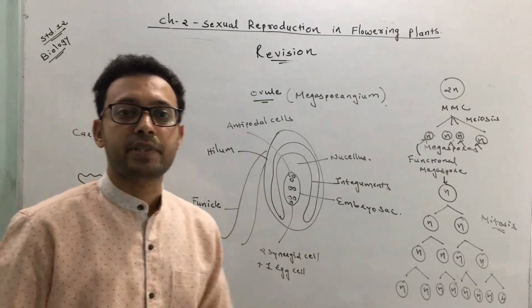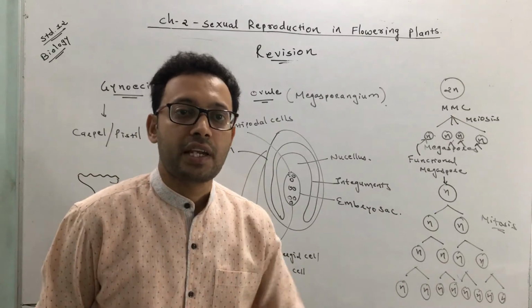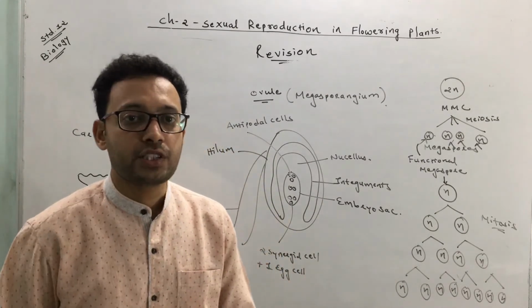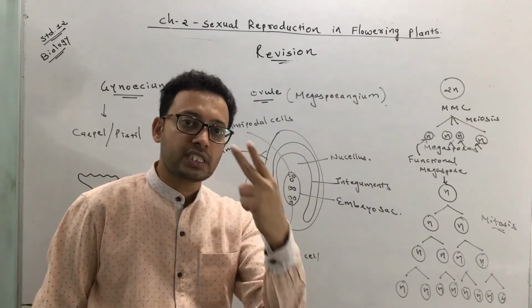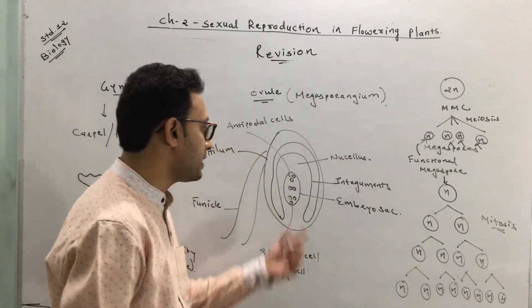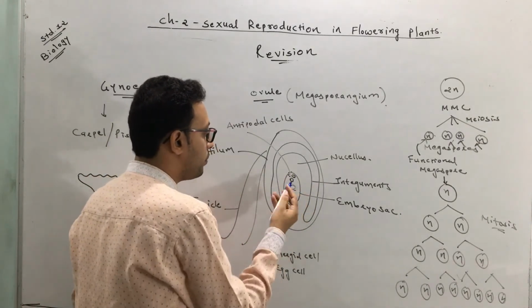Clear? So how many nuclei are present at the chalaza? 3 antipodal. And how many at the micropyle region? That is 3. From these 3, 2 synergid cells, 1 egg cell. And in the center the 2 cells are present. They combine together and form polar nuclei.